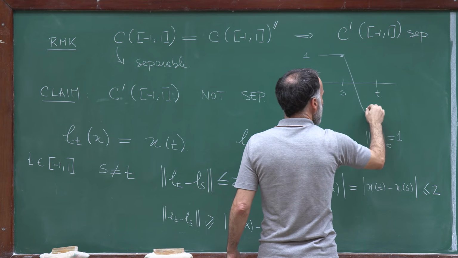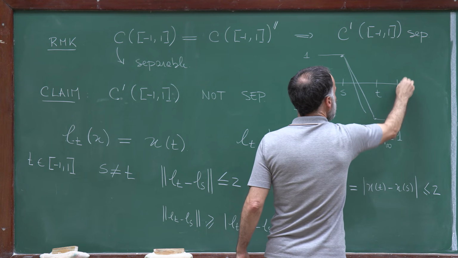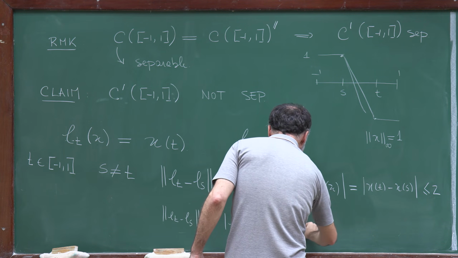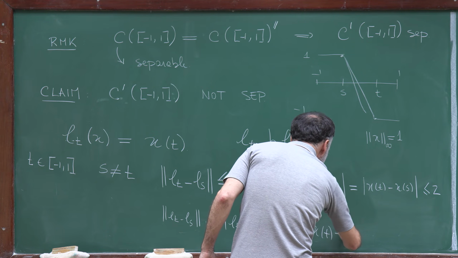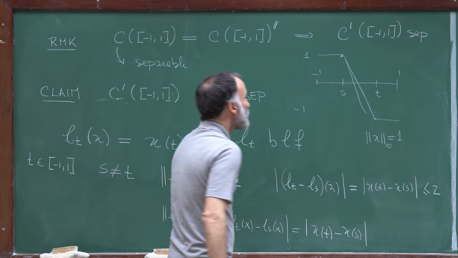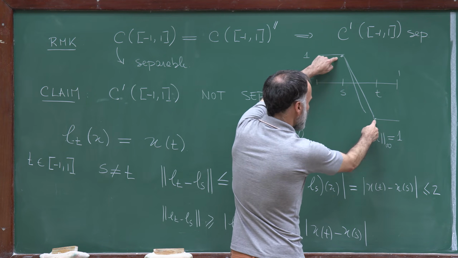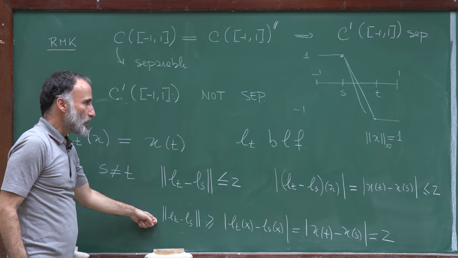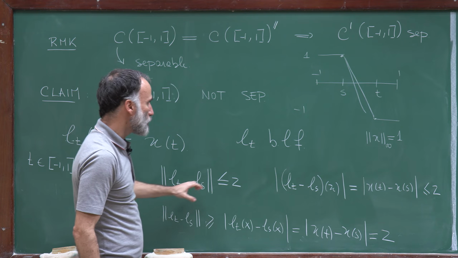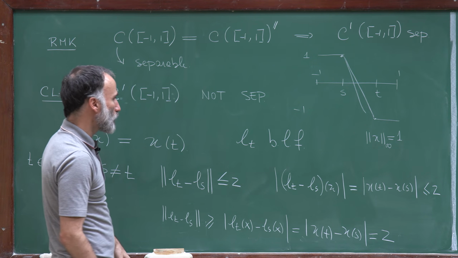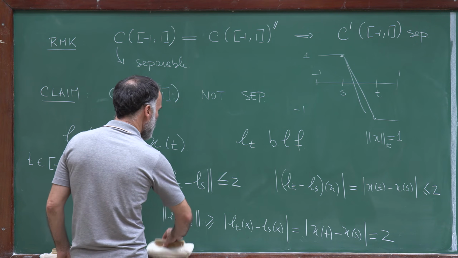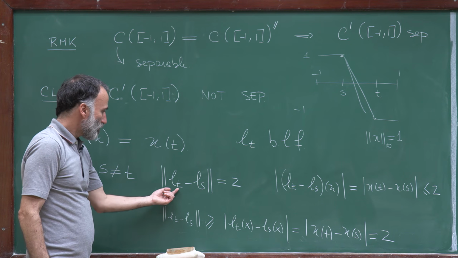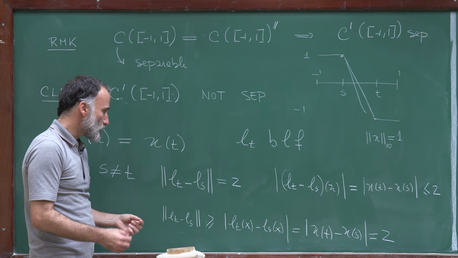So we can think of this function. So L_t x minus L_s x, by definition, is x(t) minus x(s). And this difference, well, it's minus 1 minus 1, so the absolute value is 2. And so we get the lower bound. So this proves that indeed what I claimed, which is that the norm of L_t minus L_s is equal to 2.